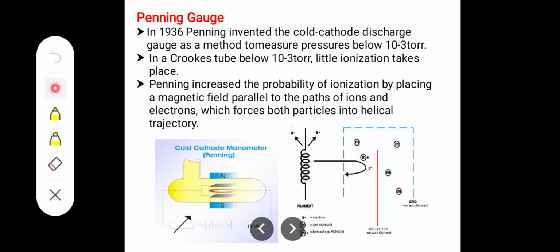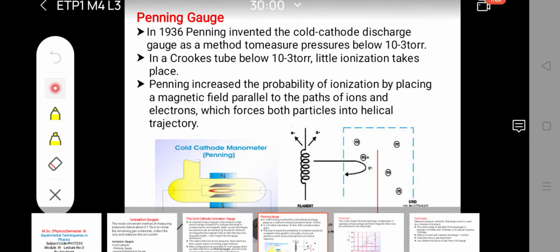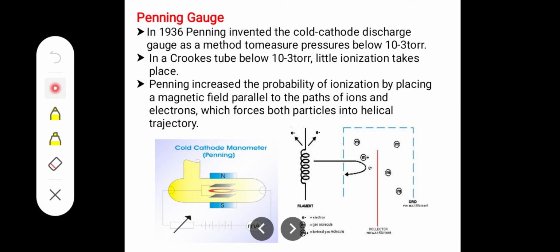Due to this, the electrons ionize the maximum number of gas molecules in the chamber, and the pressure is measured by the gauge.